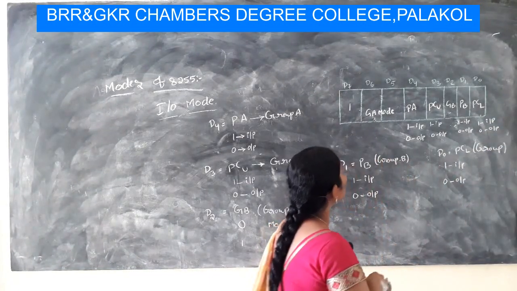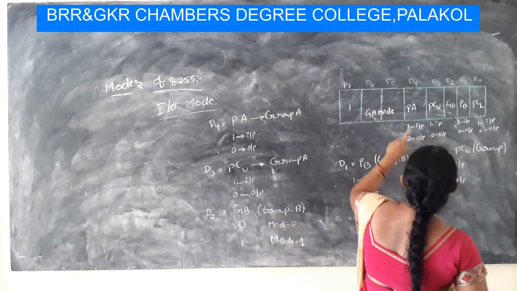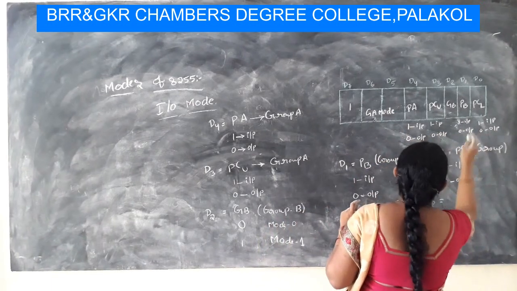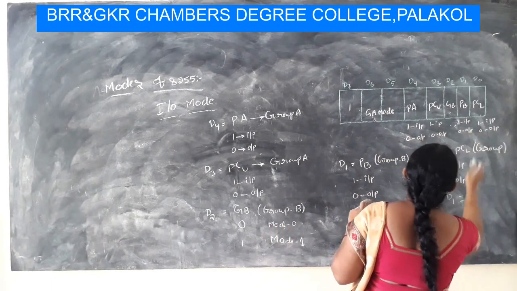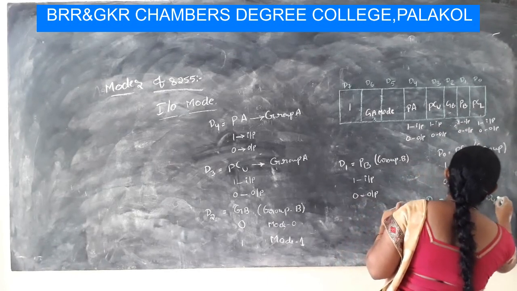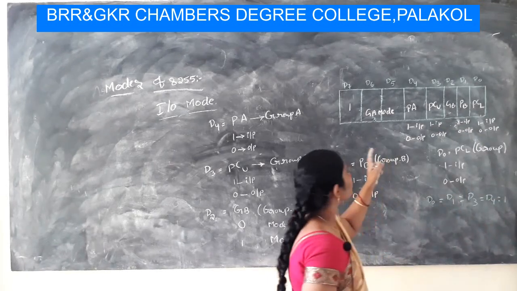So therefore we will observe these 4 signals: D0, D1, D3 and D4 are equal to 1.